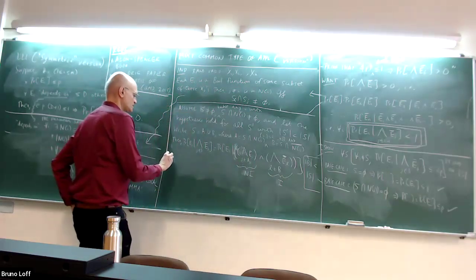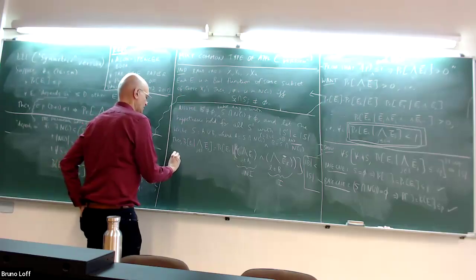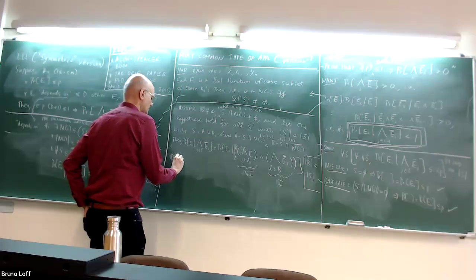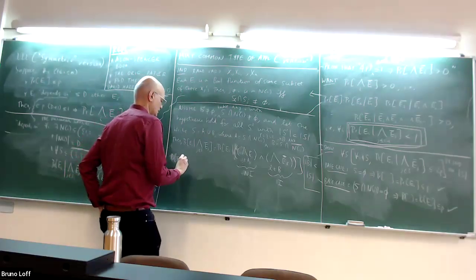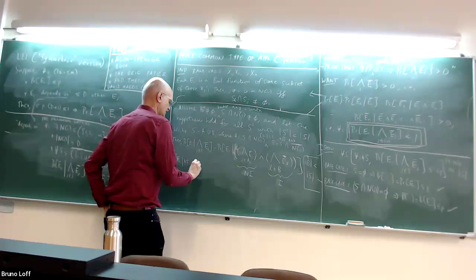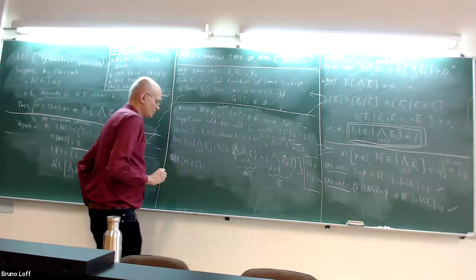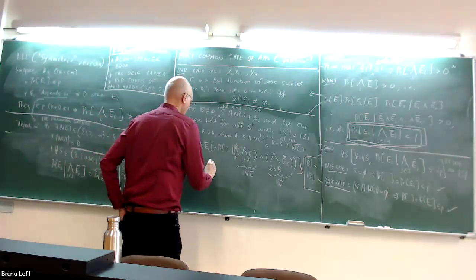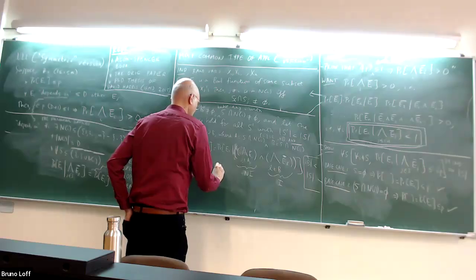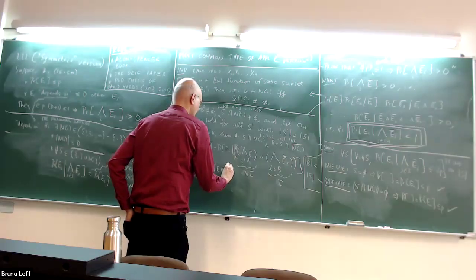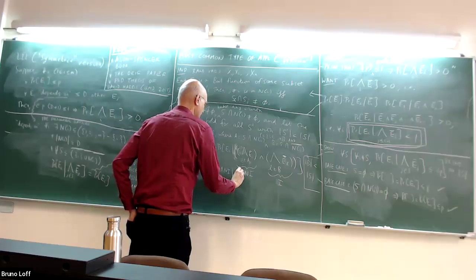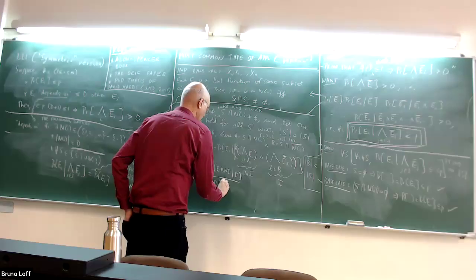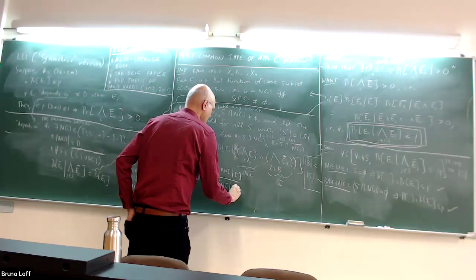So the probability of E_I given N_I and I is the following. By Bayes' theorem, this is equal to the probability of E_I and N_I given I, divided by the probability of N_I given I, just by Bayes' theorem.